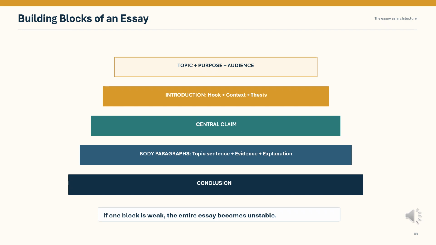Then comes the thesis statement. A thesis statement is nothing but the claim that you're making, which is the central claim or the main idea of the essay. After that, we have the body paragraphs. Each body paragraph should have a topic sentence followed by the explanation or supporting sentences. Finally, we have the conclusion, which closes the essay by restating your main idea and showing its significance. So, a good essay is not just a random piece of writing. Remember, it has to be carefully built part by part, just like a building.